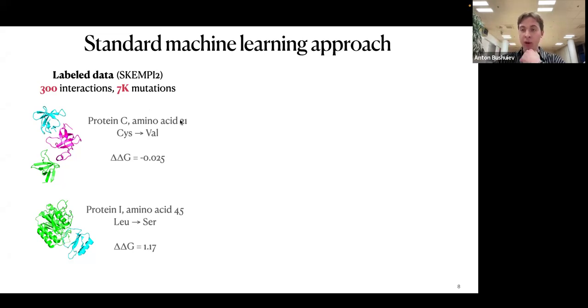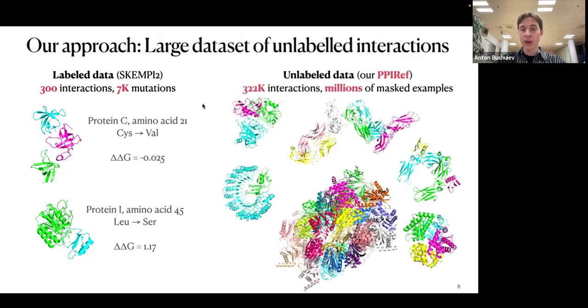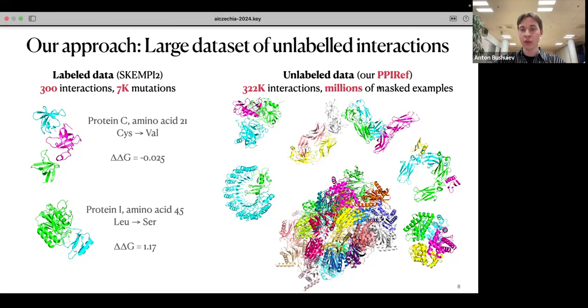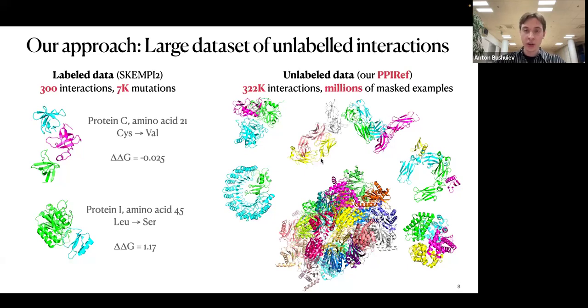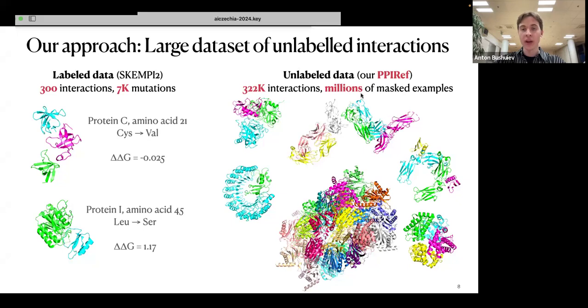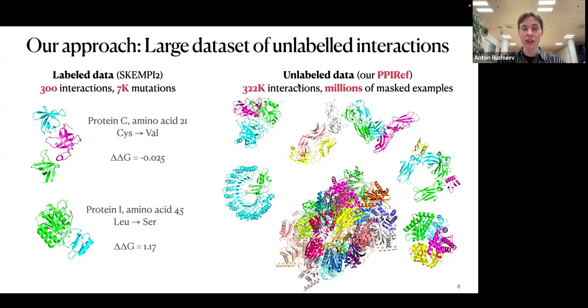And so finally, our approach is to break down this limitation of scarce data by learning from a lot of unannotated data. That's why in the first step, we collected this large data set of protein-protein interactions, which we call PPIRef. And as we can see, it contains 2 orders of magnitude more interactions.